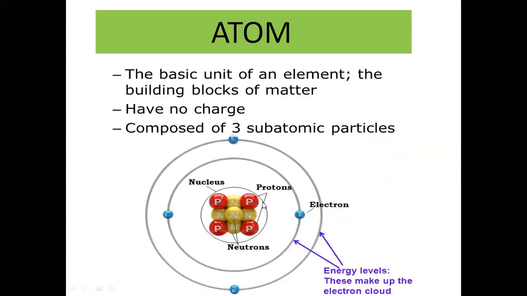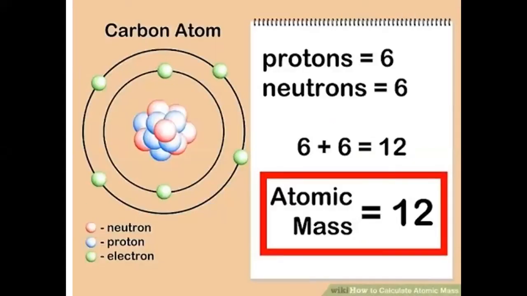The basic unit of an element is the atom. It has no charge. The atom is electrically neutral, and it is composed of three subatomic particles, that are electron, proton, and neutron. This is the structure of the carbon atom.